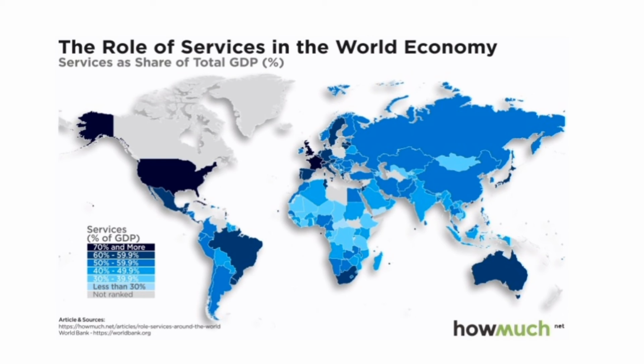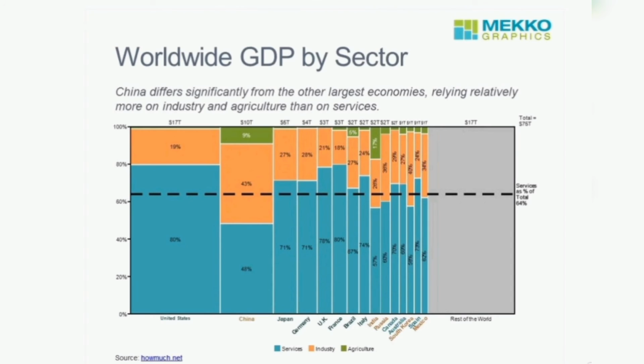So, interesting. In this picture, you can see the progress of United States, that 80% of its economy is based upon the services sector, 19% is based upon industry, and less than 1% is based upon agriculture. On the other hand, China has almost half and half of services sector and industry sector.